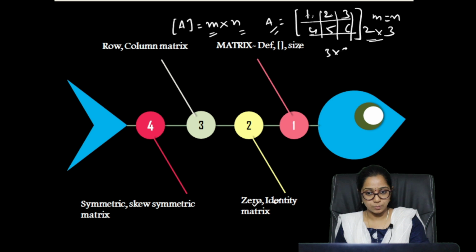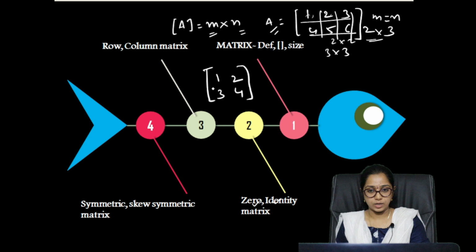That can be 3 by 3 or 2 by 2 or 4 by 4, etc. Let me take a simple 2 by 2 matrix. The elements on this diagonal are called the principal diagonal elements.